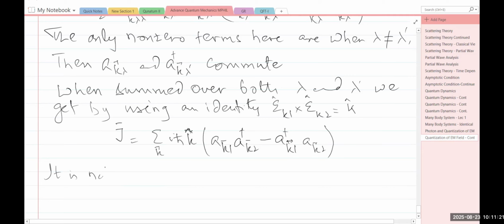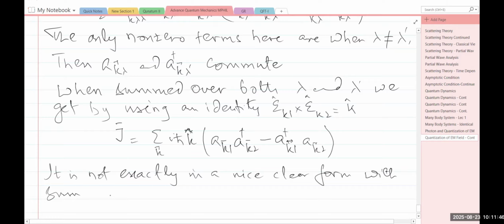So we could write it all this. It is, though not exactly clear in a nice clear form, some sum over the number operator on the right hand side.